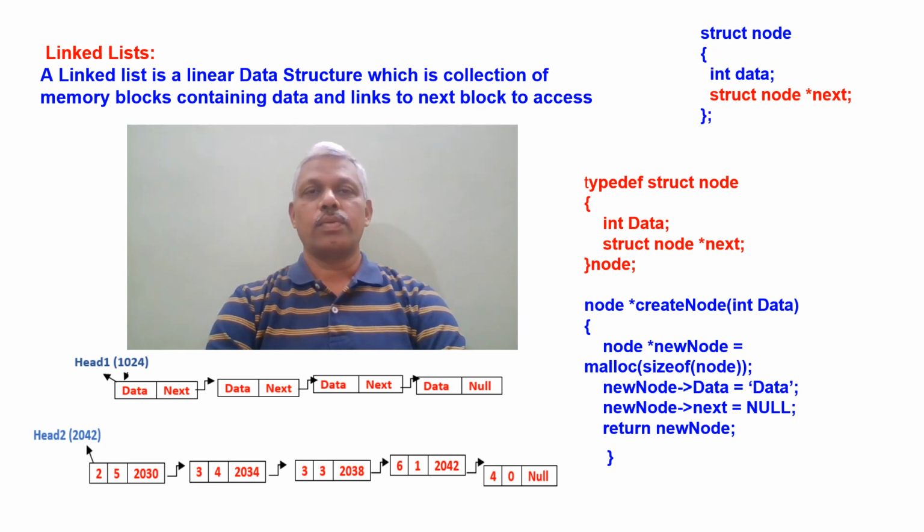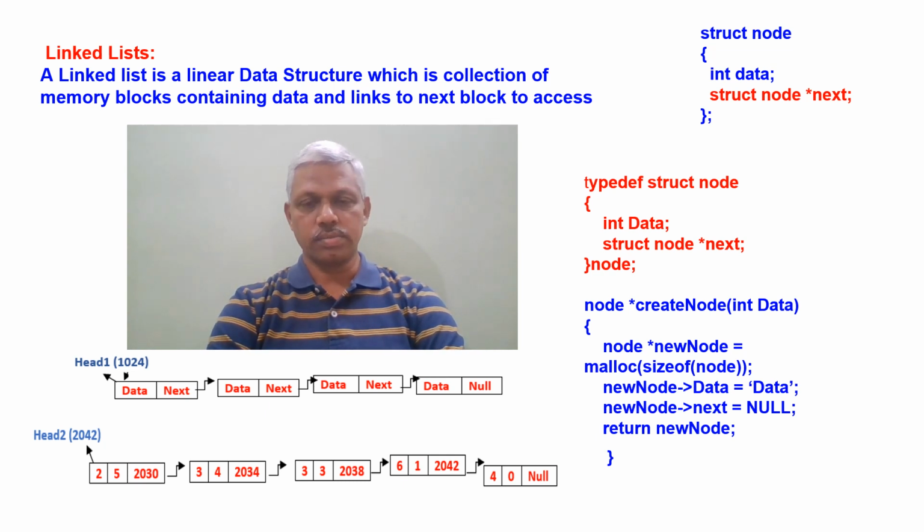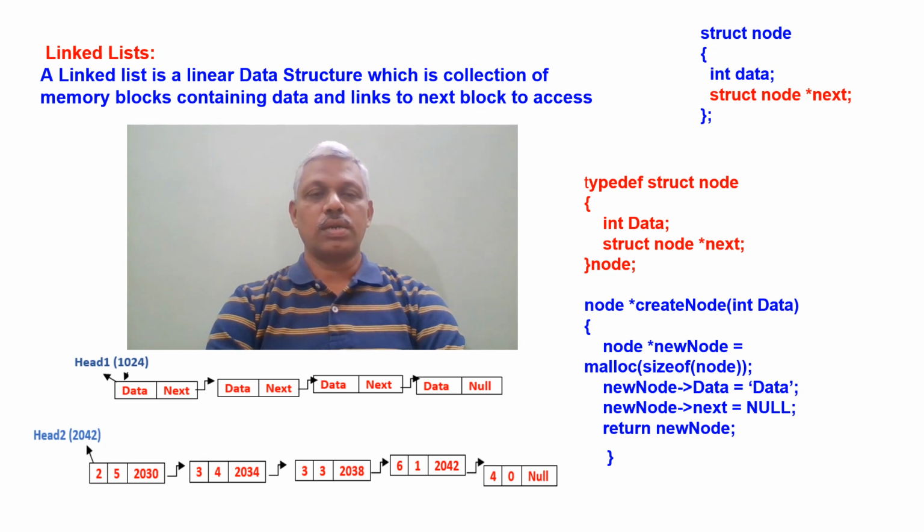Conceptually, we can think of a node as consisting of two parts. One is the data part and the other is the link part, for which the variable next is used here. We can use next or link or whatever variable that points to the next memory block. If you look at this diagram, head 1 holds the memory address 1024. This is the starting memory address of the first node of the linked list.